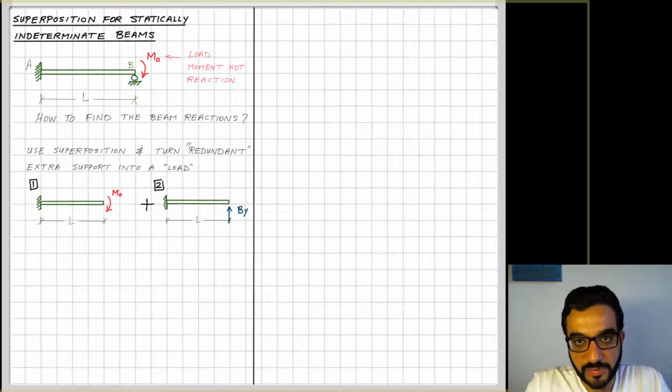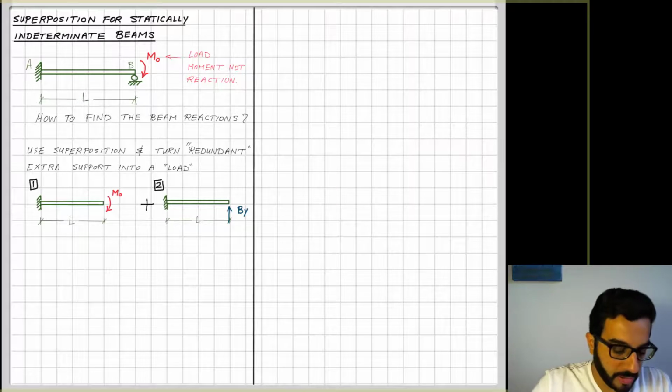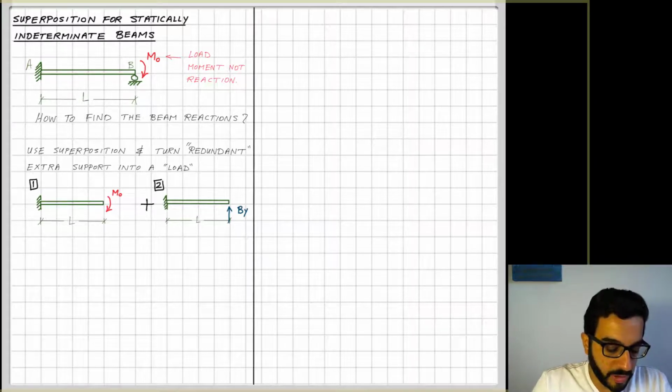Then I use that same statically determinate beam to reflect the reaction that I removed, that redundant force or redundant support reaction, which is By in this case. And then when I add these two together, I will get back to my original beam AB that's fixed at A and supported by a roller at B.